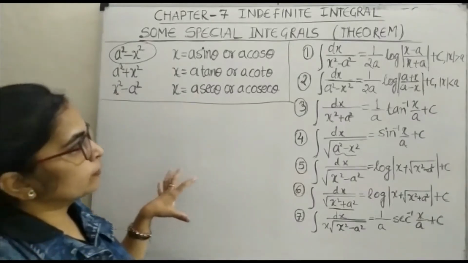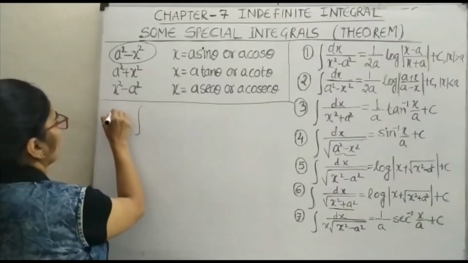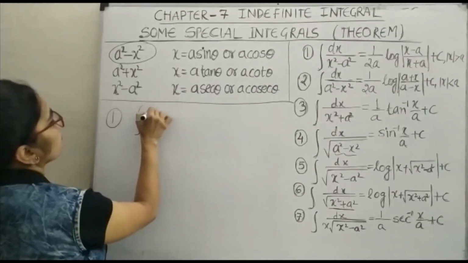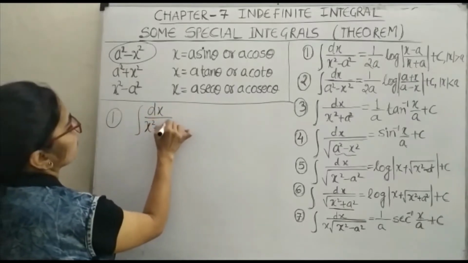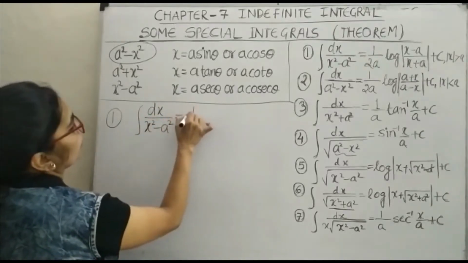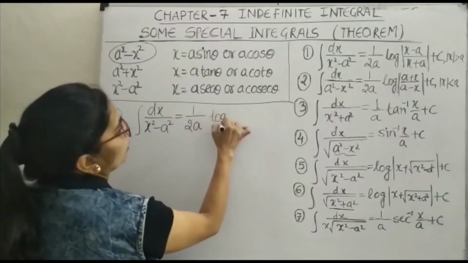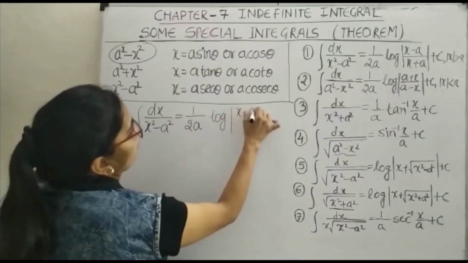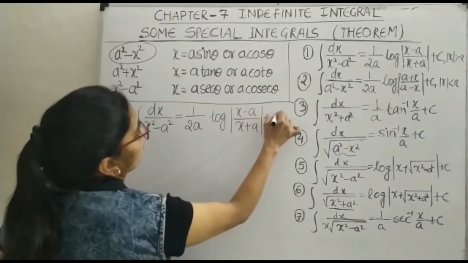So first of all, we will start with number 1. We are here to prove the first result: integration of dx upon x square minus a square is equal to 1 upon 2a log mod x minus a upon x plus a plus c.